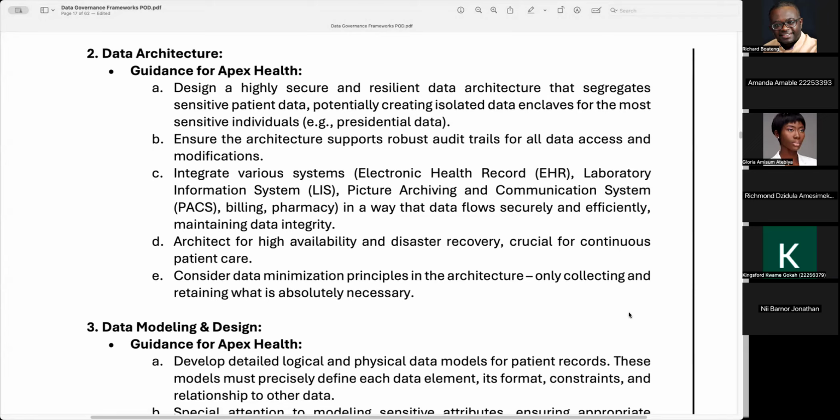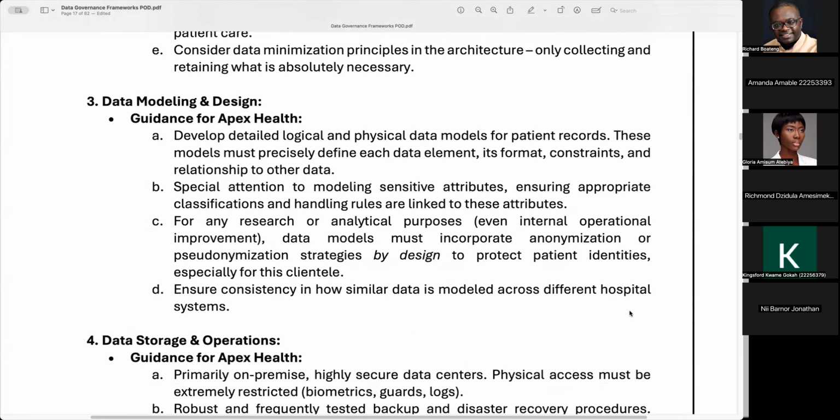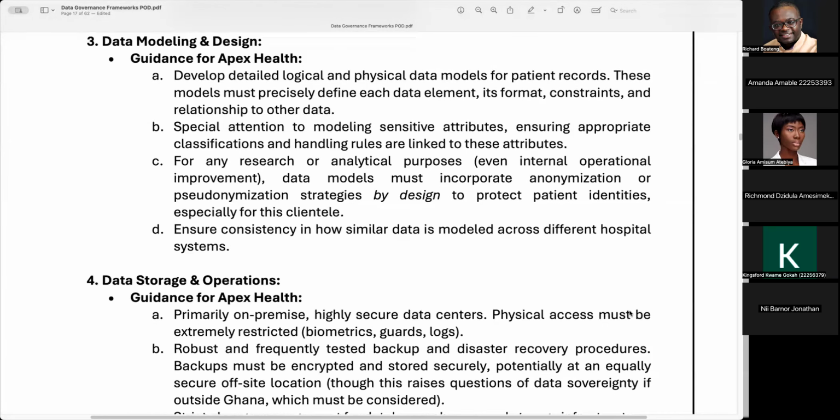And the architecture must be designed for high availability and robust disaster recovery, while also applying data minimization principles wherever feasible. Only collect and retain the data that is absolutely necessary for the stated purpose. Data modeling would need to handle sensitivity at a very granular level, too. Precisely. This means developing detailed data models that explicitly identify sensitive attributes within records.